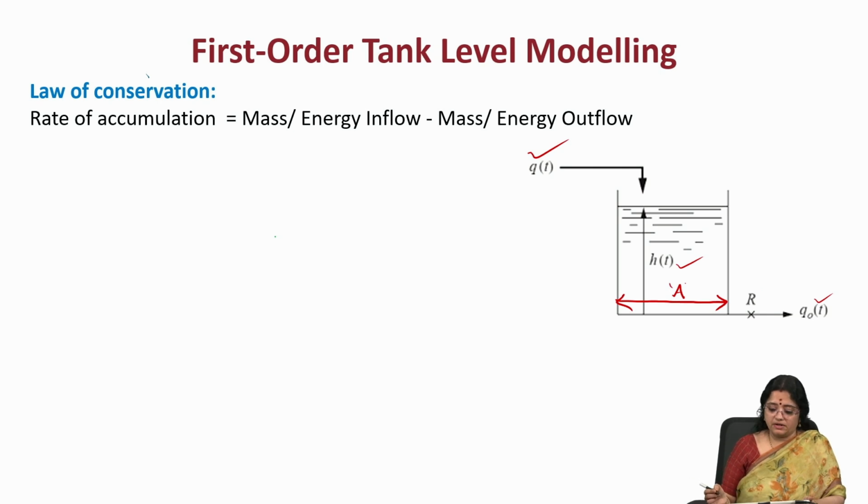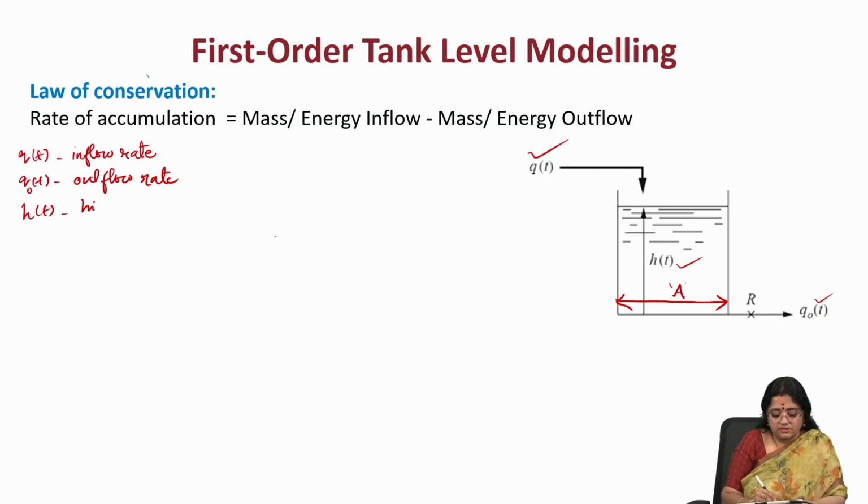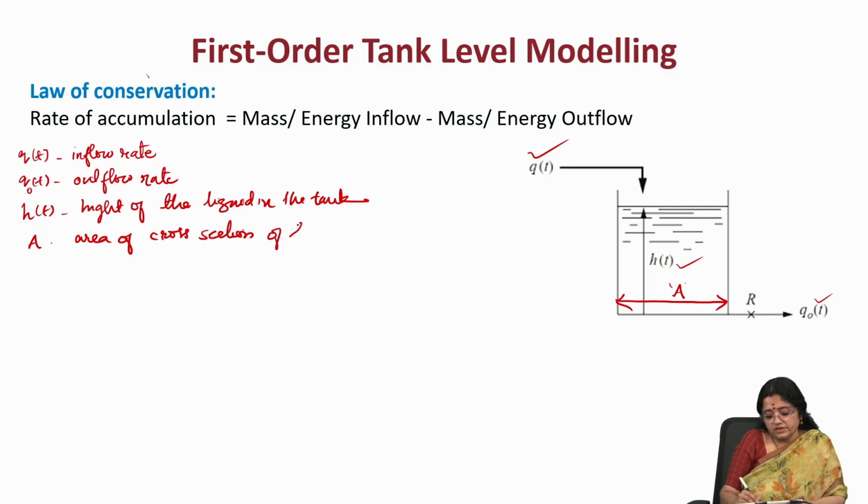Now let us write down what is Q of t. Q of t is the inflow rate, Q naught of t is the outflow rate, H of t is the height of the liquid in the tank, and A is the area of cross section of the liquid. The liquid is being contained within the tank.